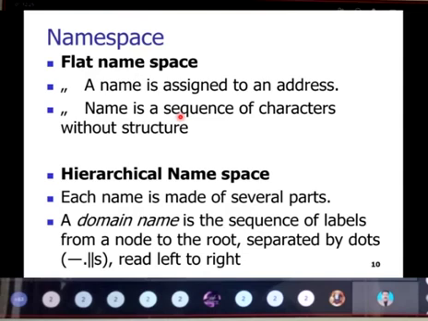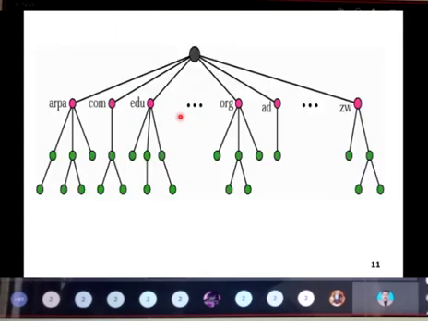Then the hierarchical namespace, where each name is made of several parts. Your domain name is the sequence of labels from your node to the root, separated by dots. It looks like a tree structure, as you can see. This is called a hierarchical namespace. This is the root node, then the sub nodes.